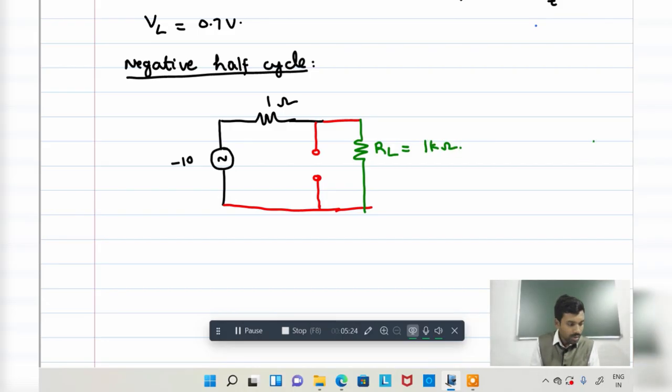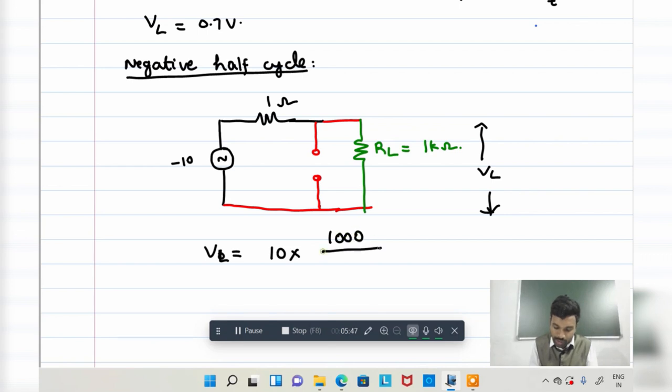Now V0 is equal to minus 10 into the voltage division rule. I want to find the voltage across RL, that is VL. So VL is the total voltage into 1000 divided by 1001, which is equivalent to 9.99 volt, approximately 10 volt.